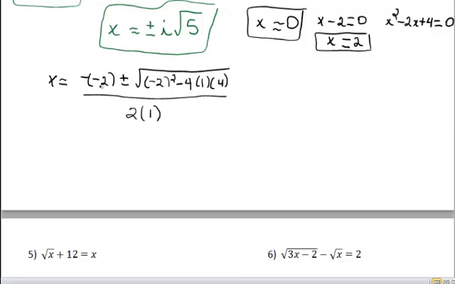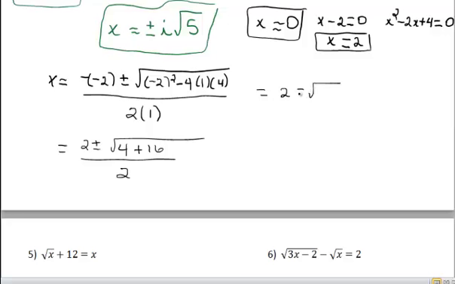Let me just double check that. Negative b plus or minus the square root of b squared minus 4 times a times c all over 2a. So we're going to get 2 plus or minus the square root of 4 plus 16 all over 2. That's going to be 2 plus or minus the square root of 20 all over 2.